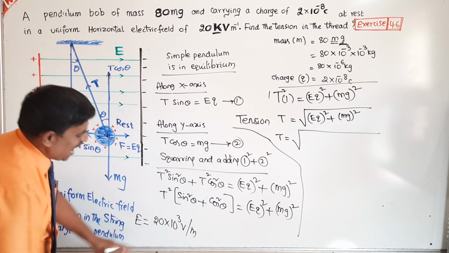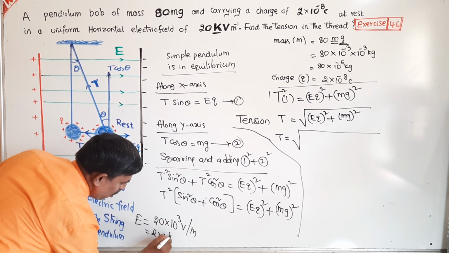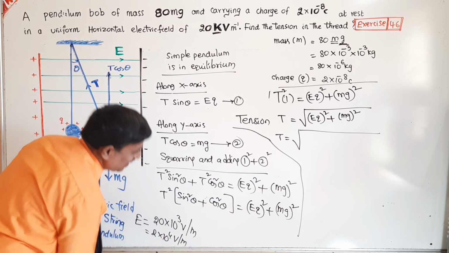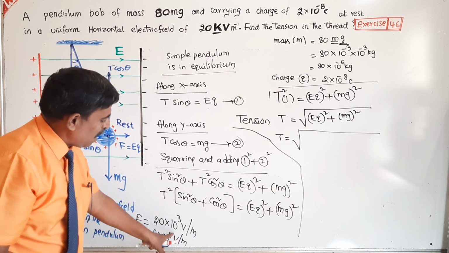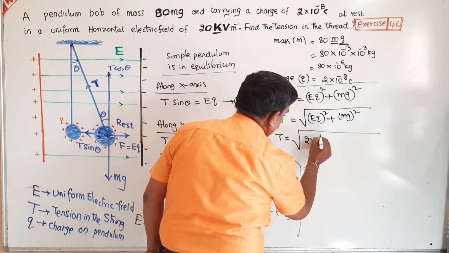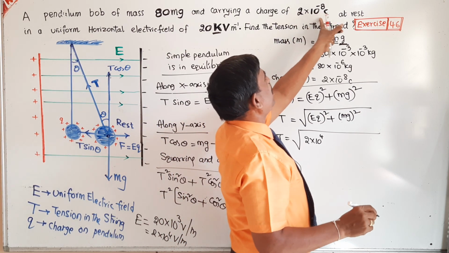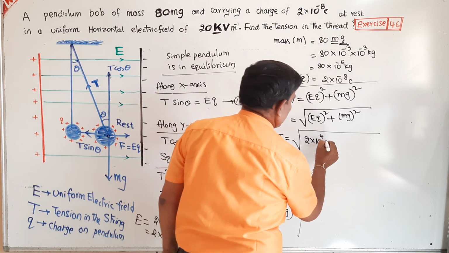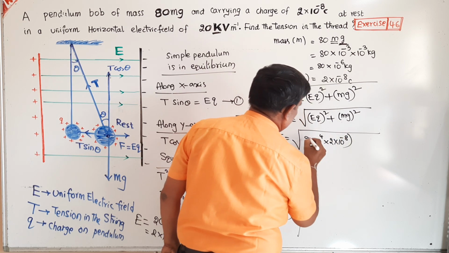This can be written as 2 into 10 power 4 volt per meter. So E is 2 into 10 power 4 volt per meter. Q is 2 into 10 power minus 8.